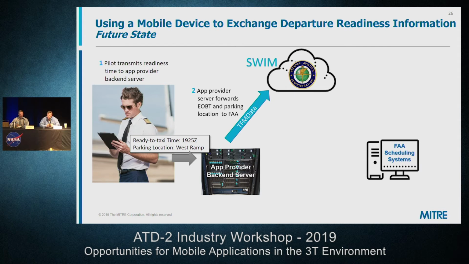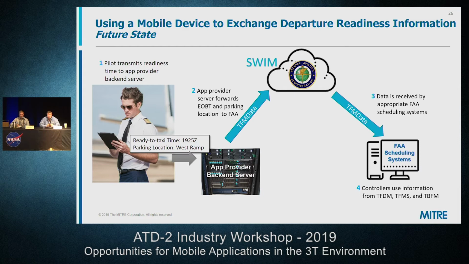That would flow to the application service provider's back-end servers, who would then forward that information on to the FAA via a SWIM interface, in this case probably the TFMS TFMData feed, request supply feed. So that includes that EOBT and parking location, which is then consumed by FAA scheduling systems.